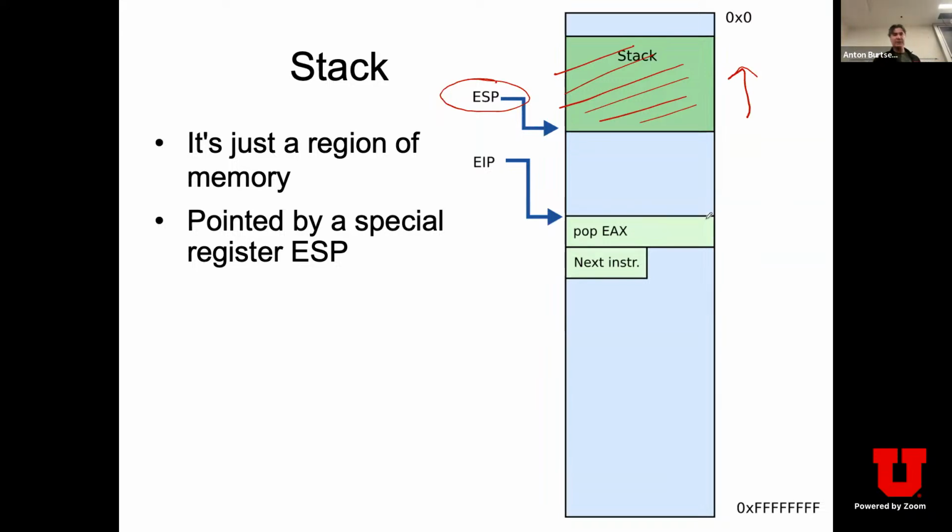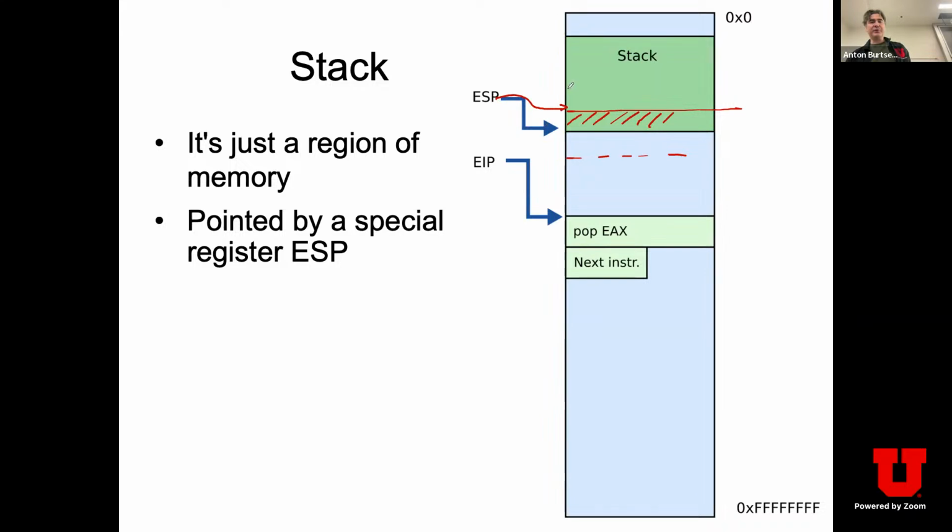So if you save something on the stack, it gets saved here, then the stack pointer is moved, and the next value will be saved here, and so on. We understand that, right?